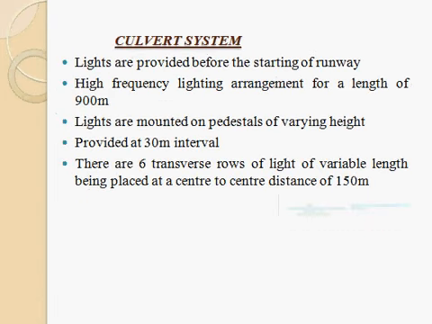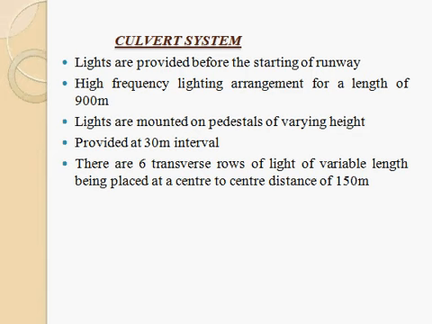In the Calvert system, as we have already said, the approach lighting is provided before the threshold or starting of the runway, for a length of 900 meters, and high intensity lighting is provided. The lights are mounted on pedestals of varying height.